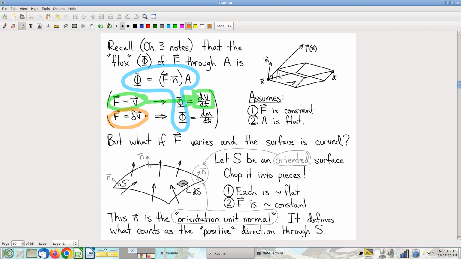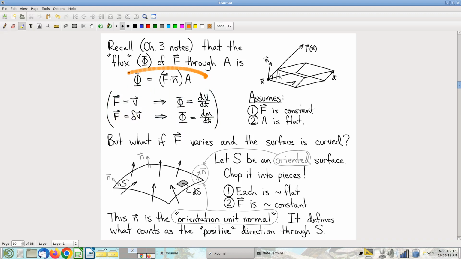In that case, you'll recall I left as an exercise for you to fill in, and I repeat, that's a good exercise, then flux, same formula, F dot N times A, gives you a different natural, interesting quantity, namely mass per unit time of fluid flowing through your surface. So flux is interesting for a couple of different reasons. All fluid related so far. We're going to find even more reasons to care about flux in time.